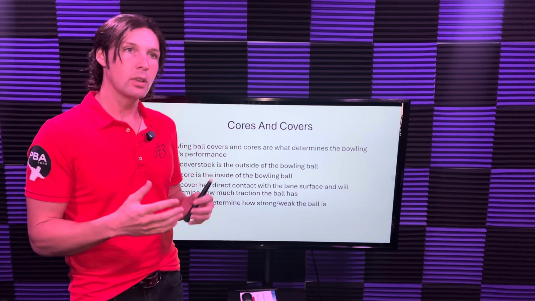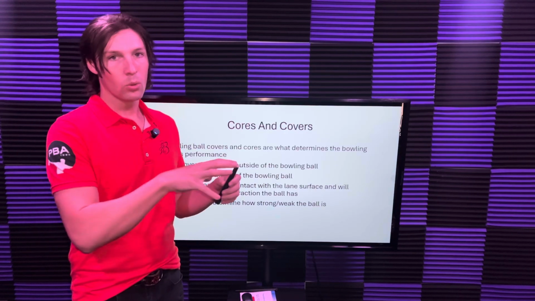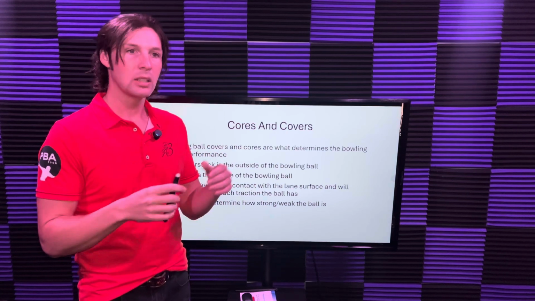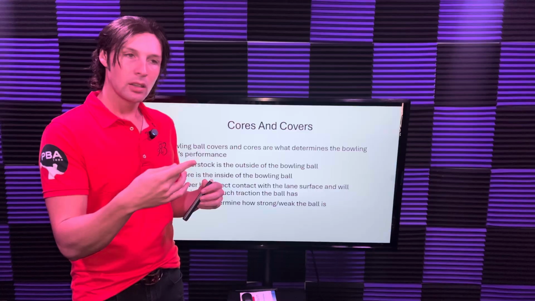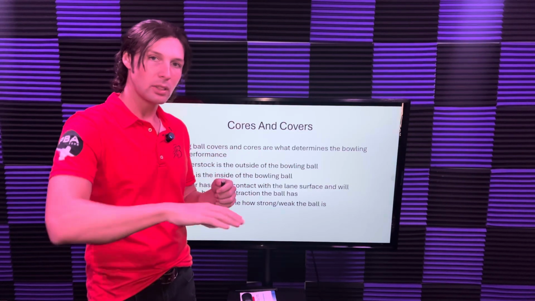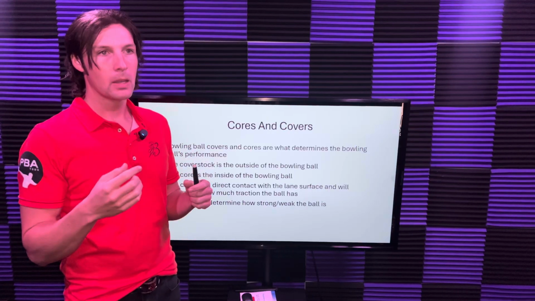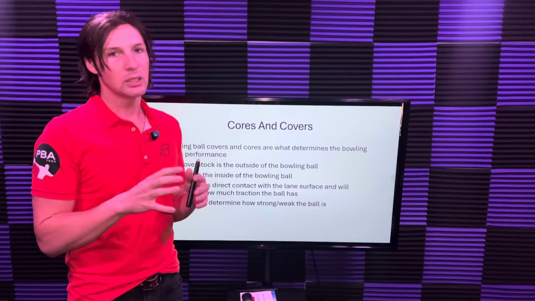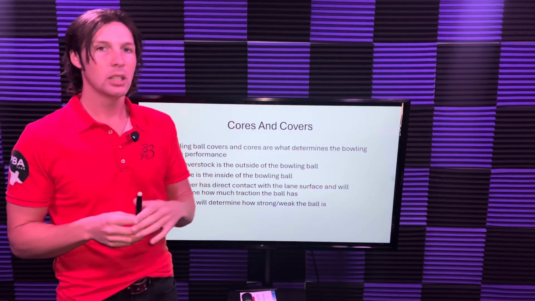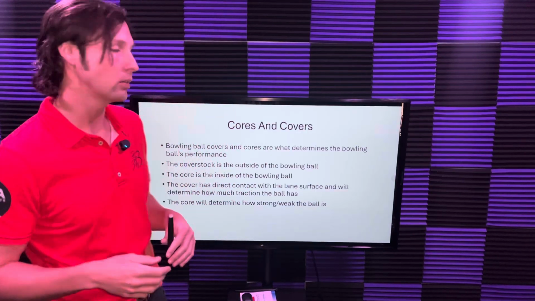Normally with the asymmetric bowling balls, the core will be stronger down lane and will get into a flip inside the bowling ball, and that will make the bowling ball hook more down lane. Whereas a symmetric bowling ball normally is weaker because it doesn't want to flip and get into its roll, if that makes any sense. And we'll get into that more later on.